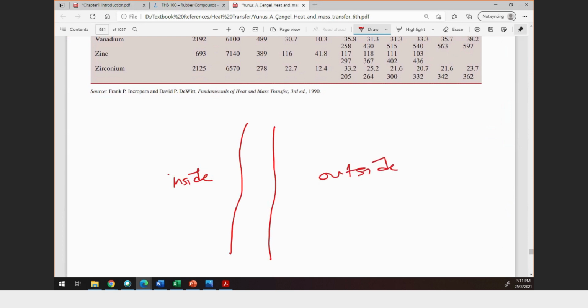We assume this is 20 degrees Celsius, so this side is also near 20 degrees Celsius. This is the T outside.